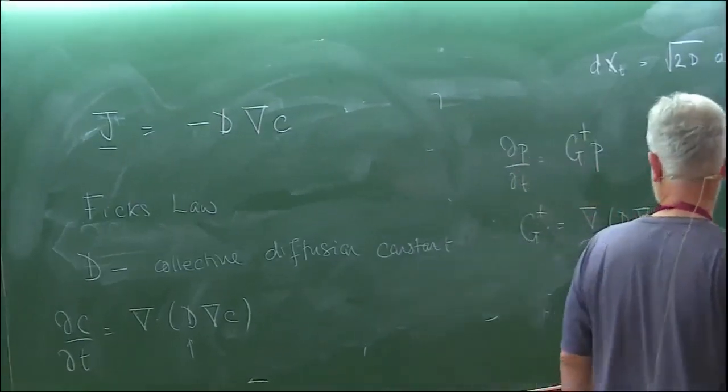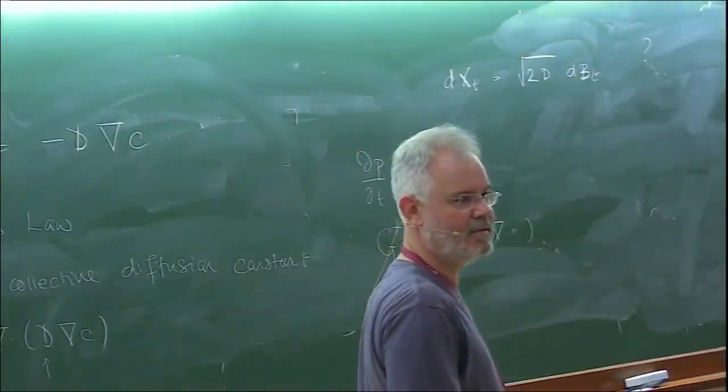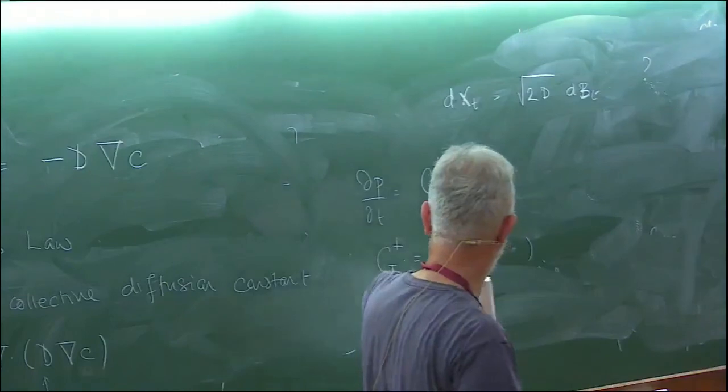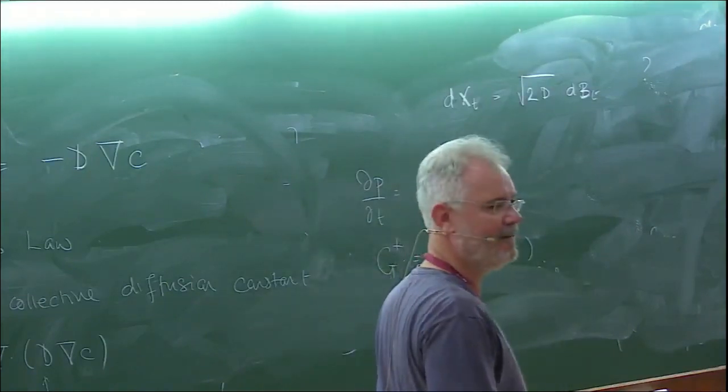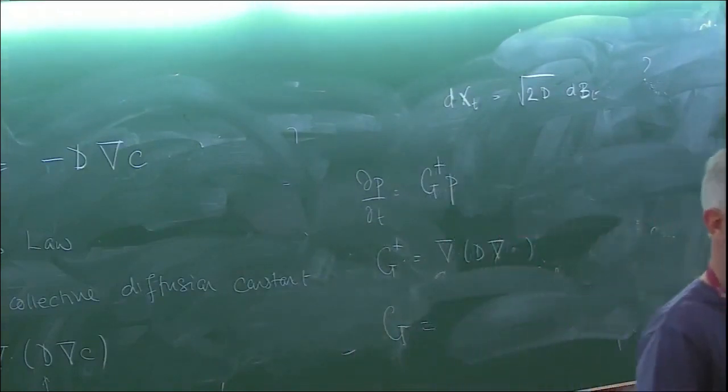So what's G? Who can tell me what G is? What's the adjoint of this operator? Yeah, this is G dagger. So if I take the adjoint of the adjoint, it gives me G back, right?